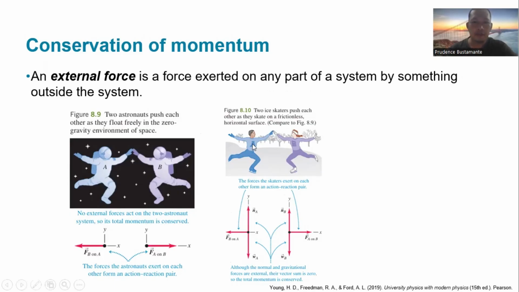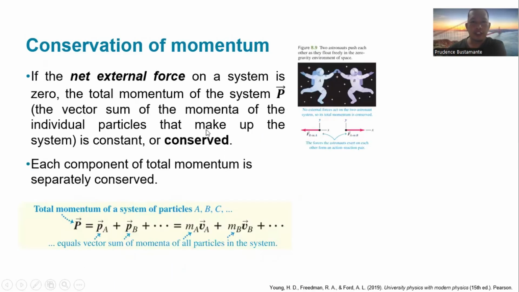In B also, although they have external forces, if you add them up, the result is that the net external force is zero. So in both cases, the external forces sum to zero.